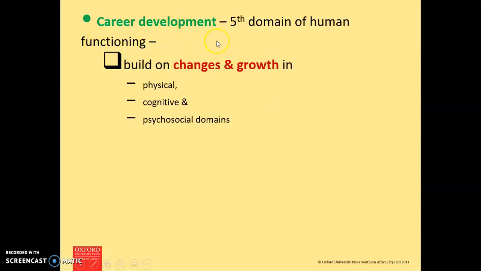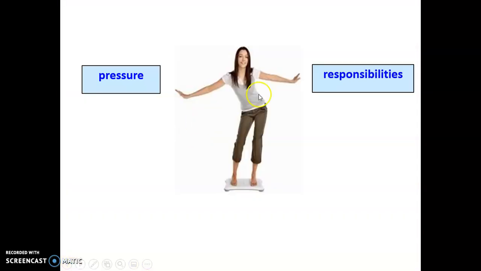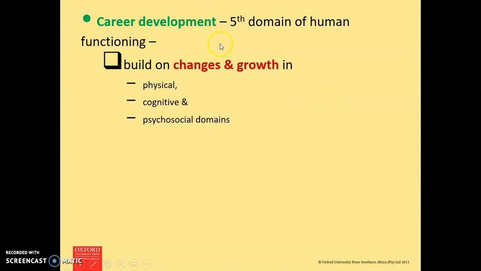And the fifth, career development that I mentioned, I didn't state it here, but you can see physical is the first domain, biology the second domain, cognitive the third domain, psychosocial the fourth domain, and the fifth one is career development. Career development is the fifth domain of human functioning, and it is very important because we work to live actually.